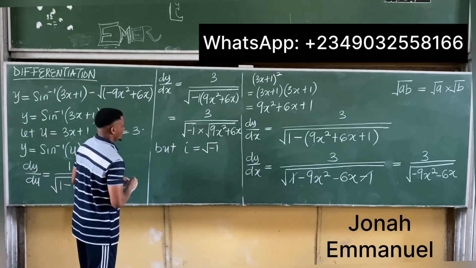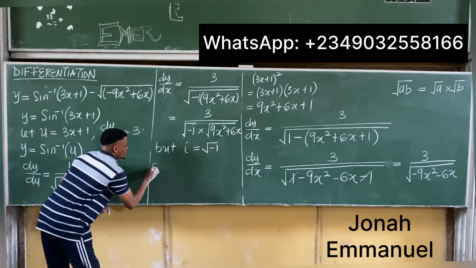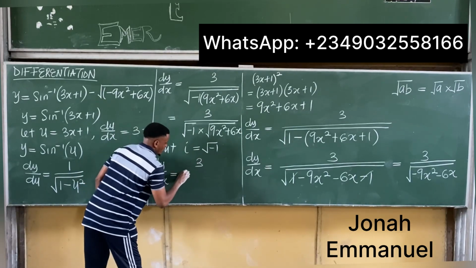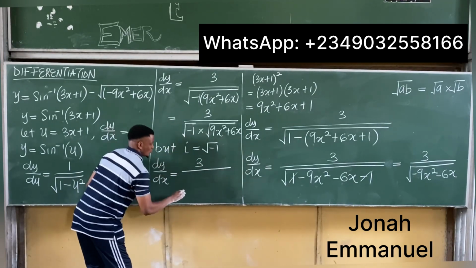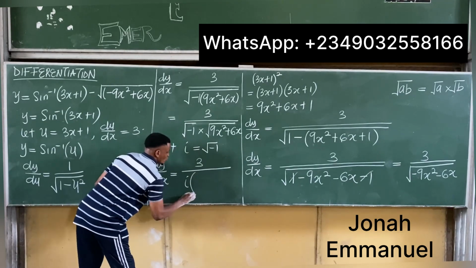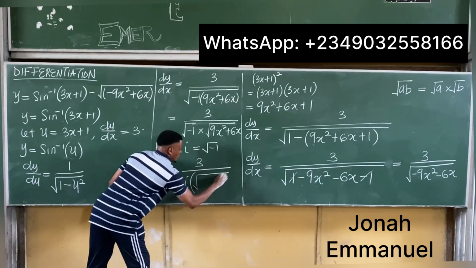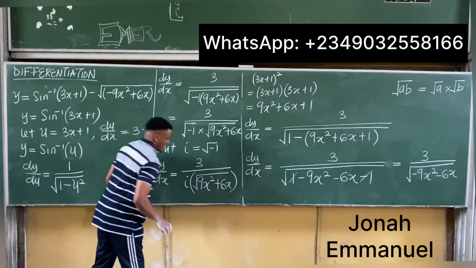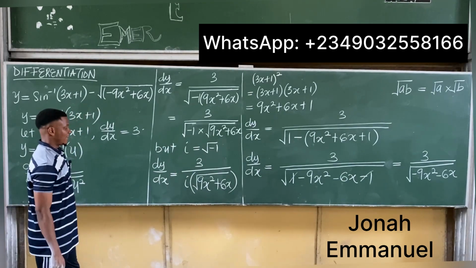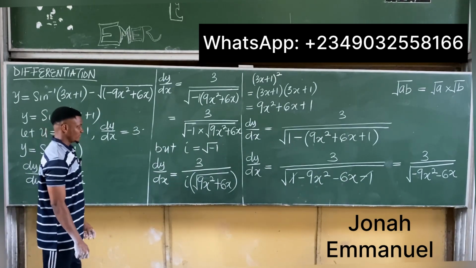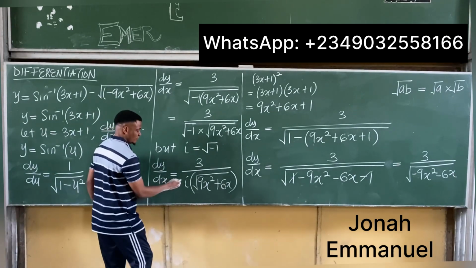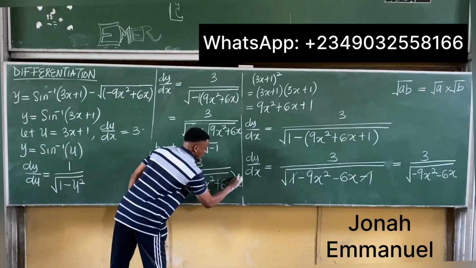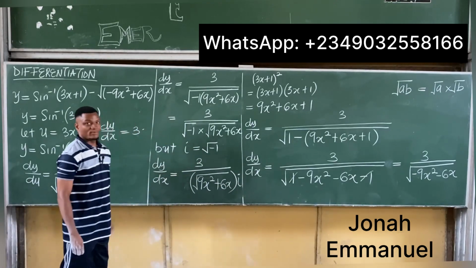Now, if this is true, that means my final answer here would be that dy over dx is equal to 3 all over, this is i, so i into root 9x squared plus 6x. All right, so this is what I get from my differentiation. Or if you want, you can still move this i to the back. So this one becomes 3 all over this i. Better still, you can put i there.